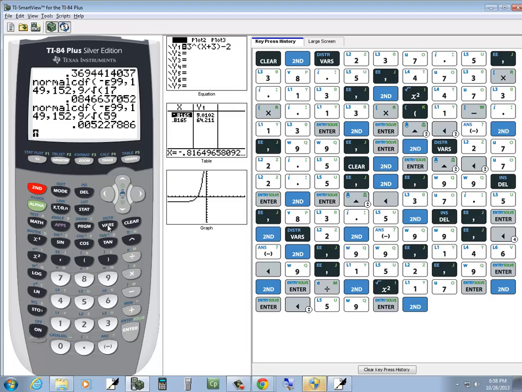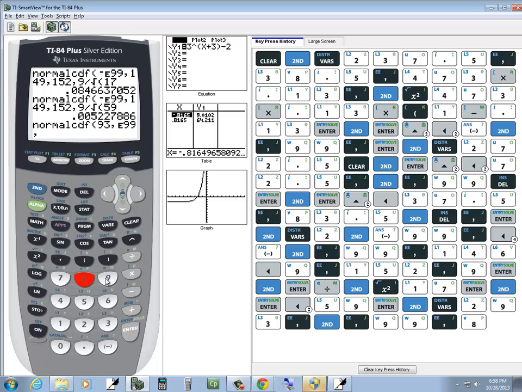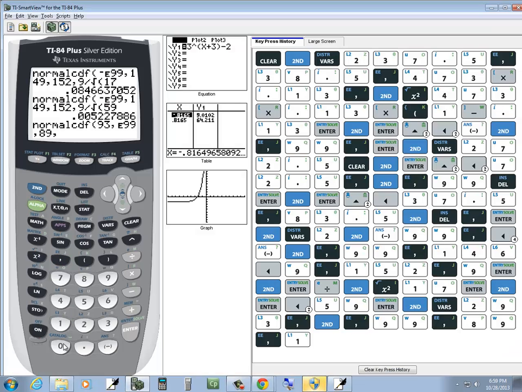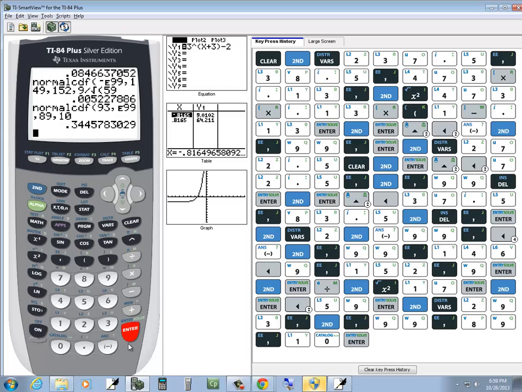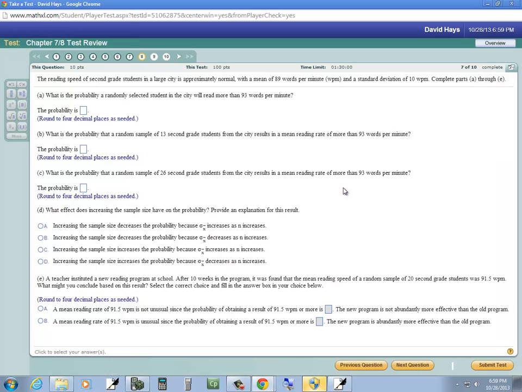So second vars, normal CDF, 93, comma, second comma, 99 to put E99, comma, 89, comma, 10. And press enter. 0.3446.